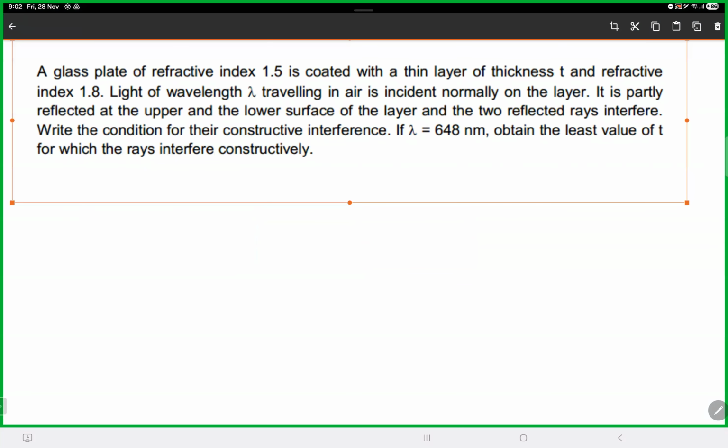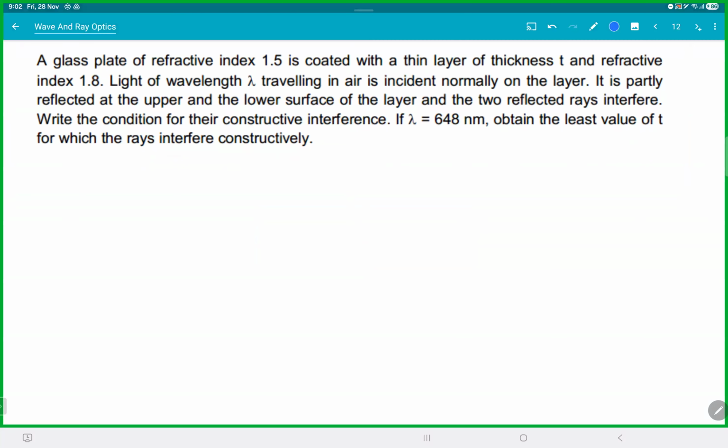Let's see one more. Hope you guys remember this. Refraction on a thin film, interference on a thin film.